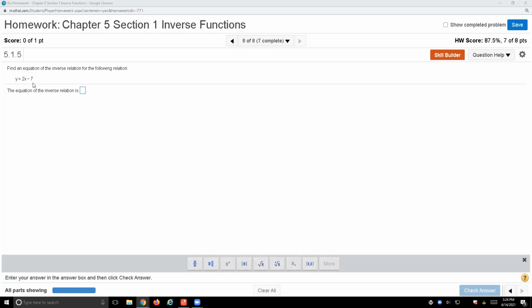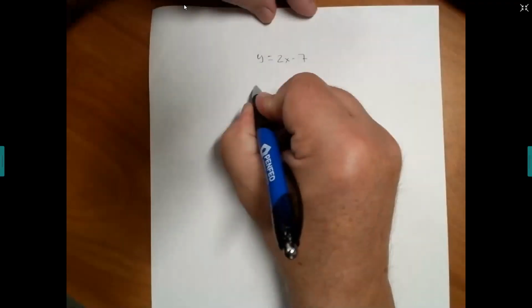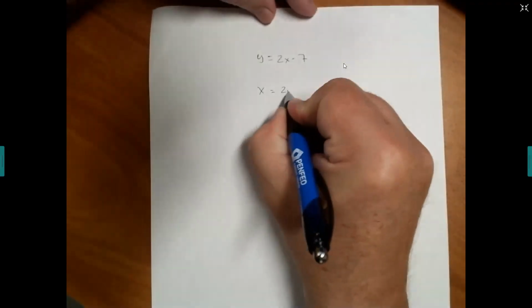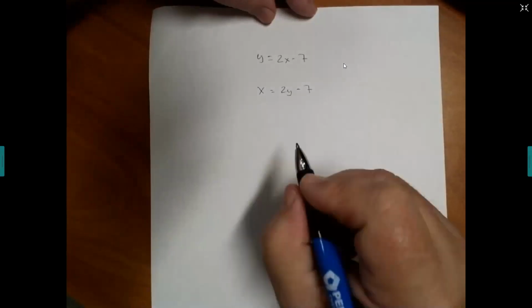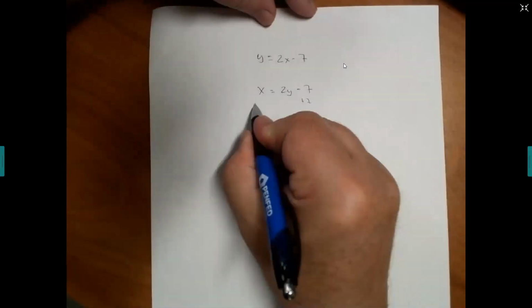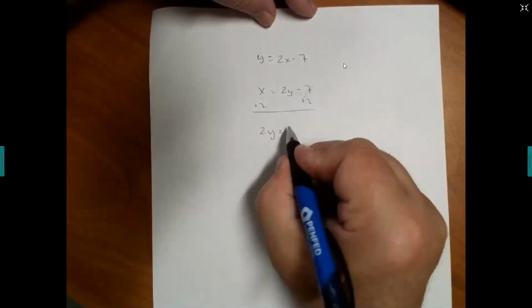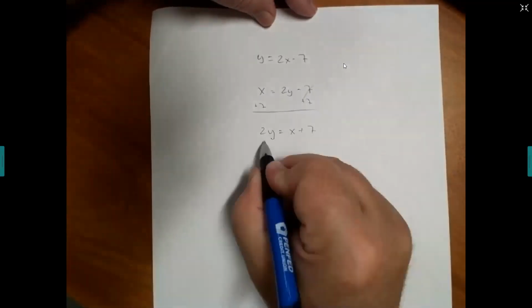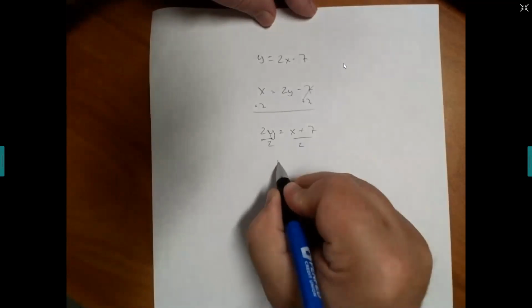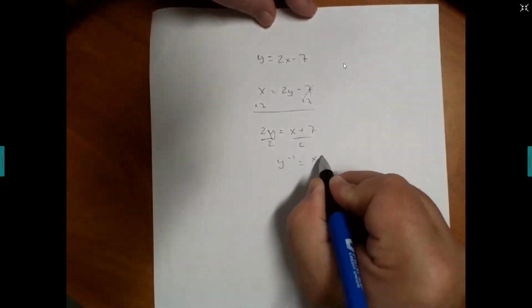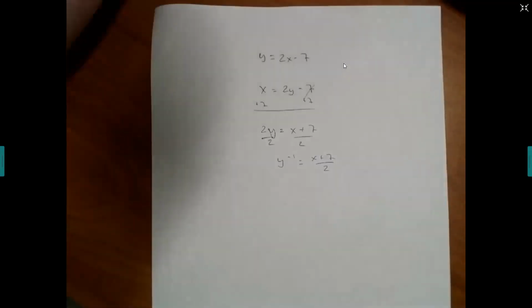First step, switch x's and y's and solve for y. So add 7 to both sides. 2y equals x plus 7, divided by 2. So my inverse is x plus 7 divided by 2.